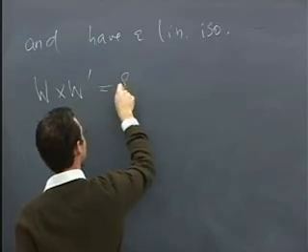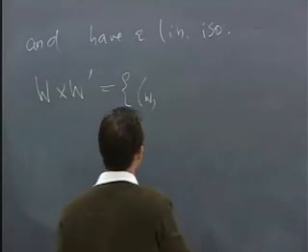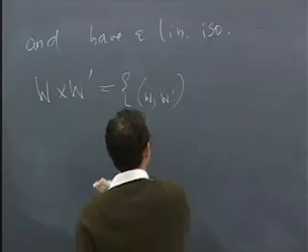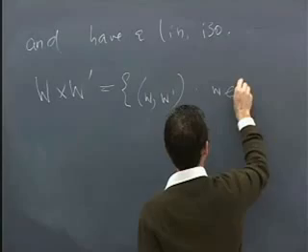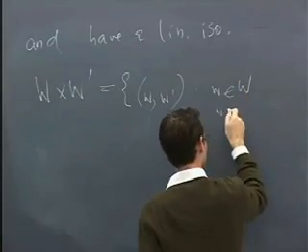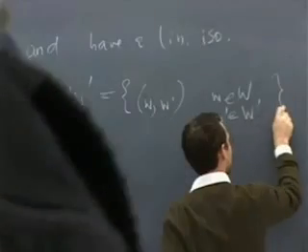What's the product? Well, this was part of the reading for one of the sections in the last chapter, but just to refresh your memories, this is the set of ordered pairs (w, w prime), where little w ranges over big W, and little w prime ranges over big W prime.